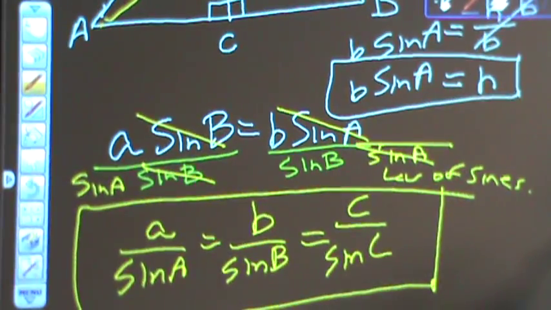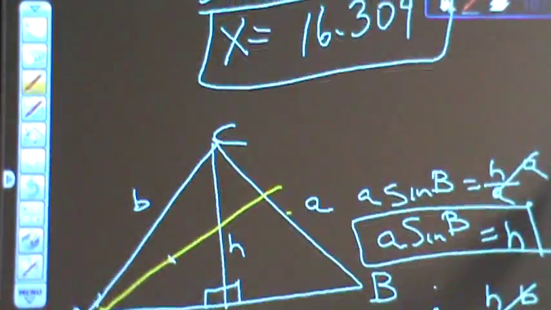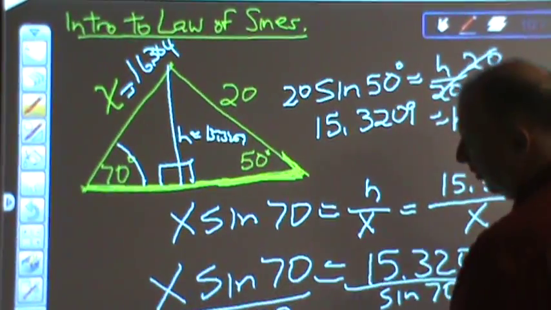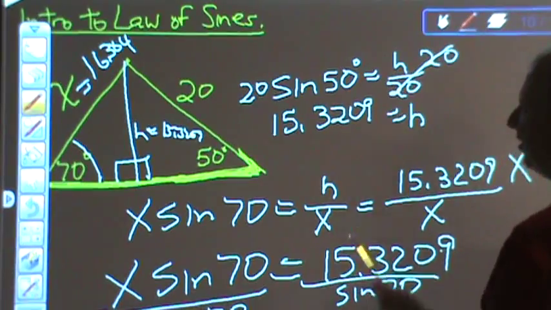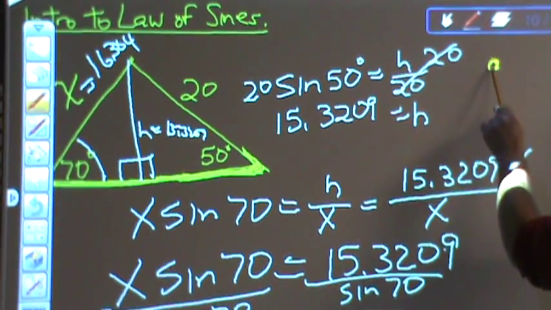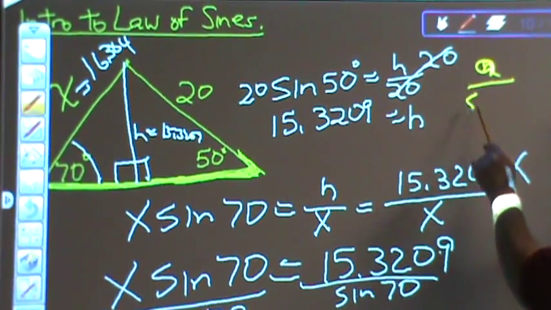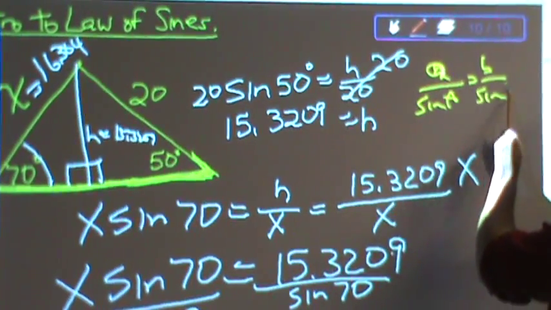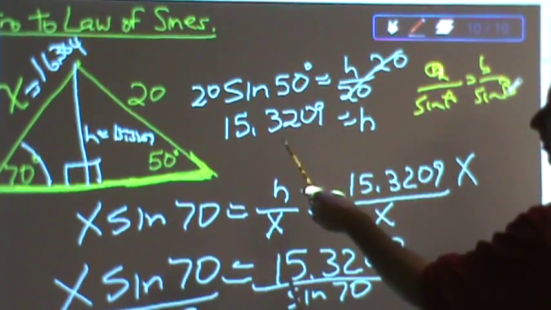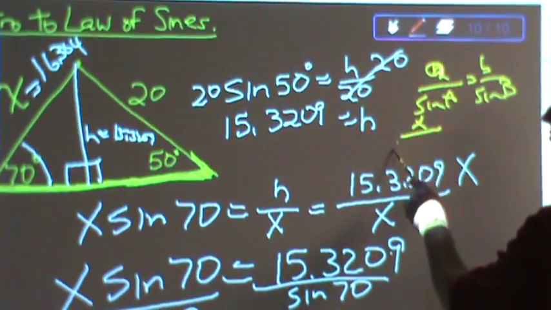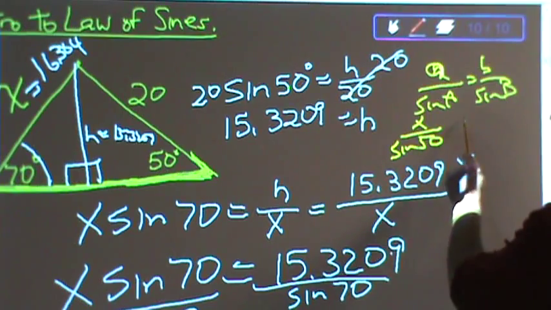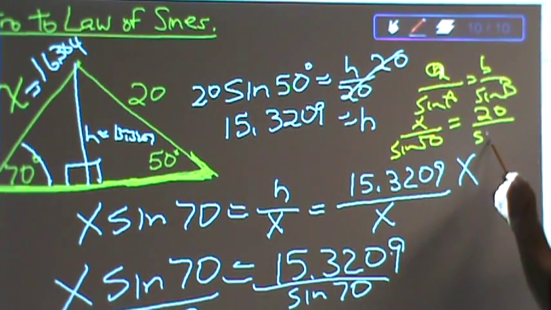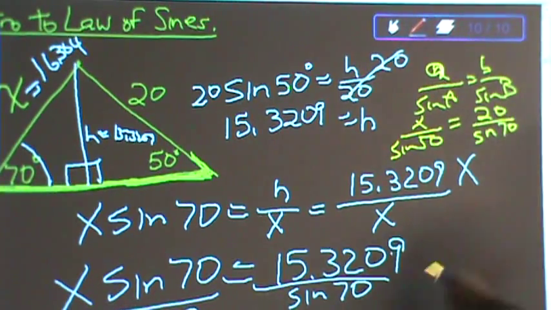Okay? With that, we can go back to this top example that we did, and let's look at what I have. So if that's the case, I can say a over sine A equals b over sine B, meaning x over sine 50 equals 20 over sine 70.